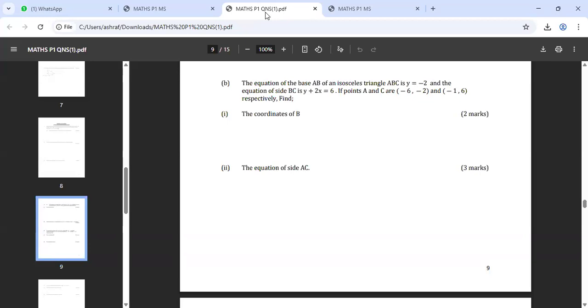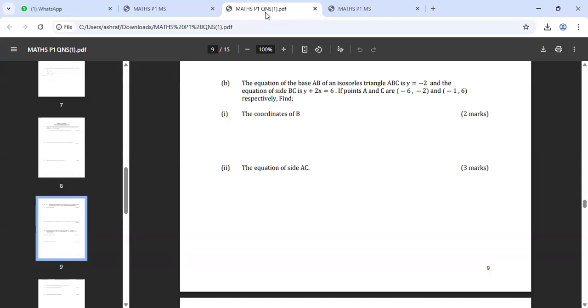So for AC, we have 2 points, point A and point C. We know the coordinates of both A and C. So using A and C, find the gradient. What is the gradient using A and C?